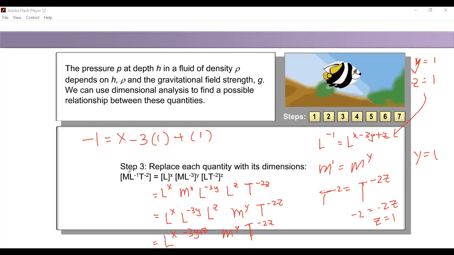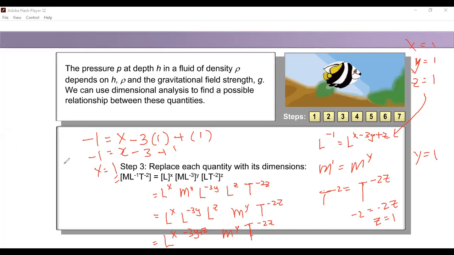X minus 3Y plus Z, okay. Negative 1 equals X minus 3 plus 1. So that means negative 3 plus 1 is negative 2, put the other side, 2, that means X minus 1, X is equal to 1, right? So we get that X equals 1.